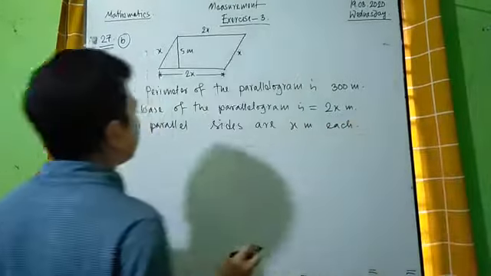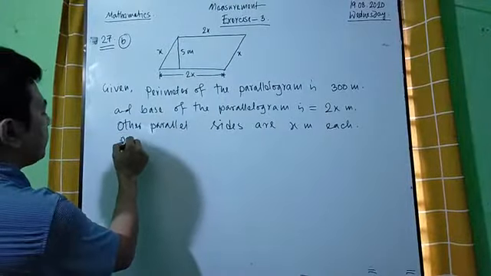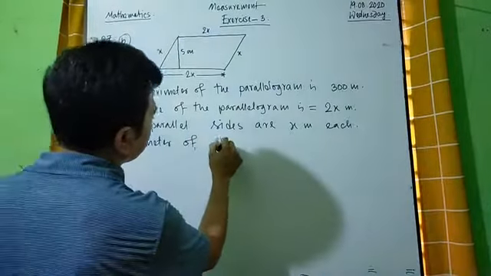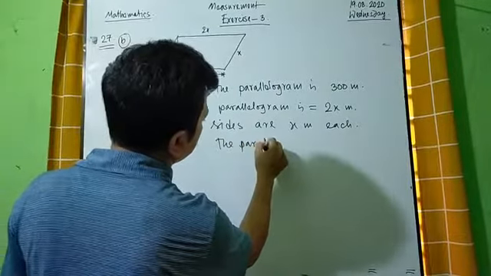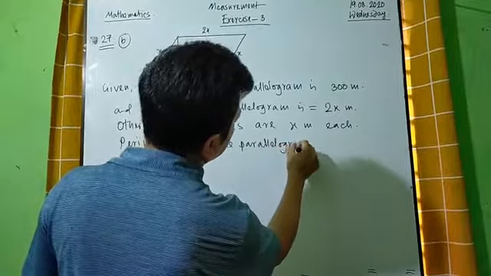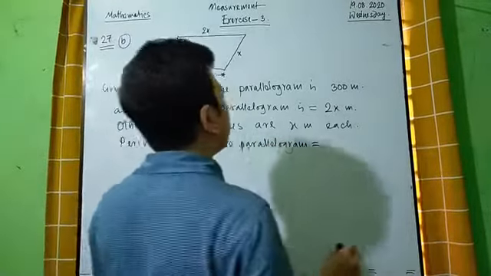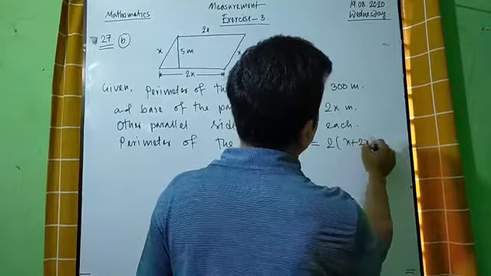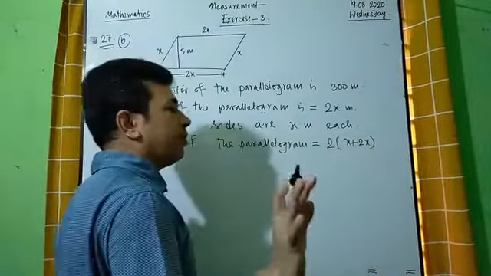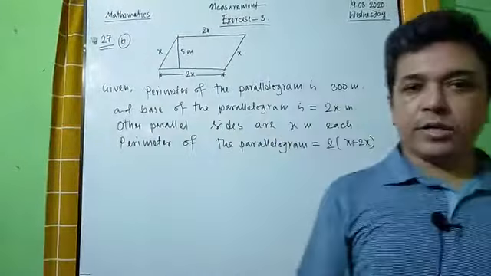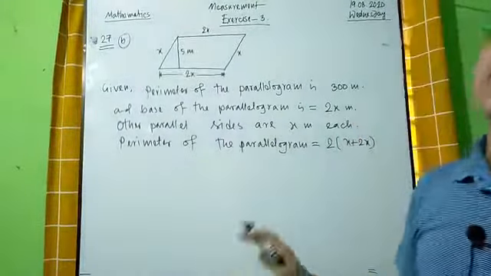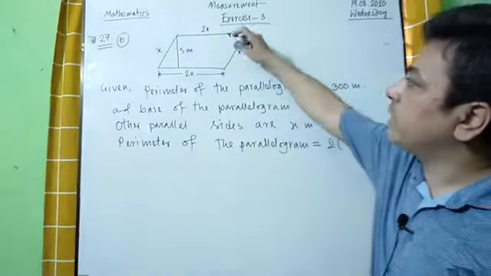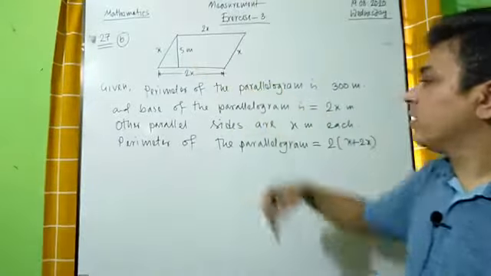Okay, so perimeter of the parallelogram equals, we can write 2 into x plus 2x, or you can write x plus 2x plus 2x plus x. It's up to you, no problem, both ways are correct. You can write 2x plus x plus 2x plus x, sum of all sides.